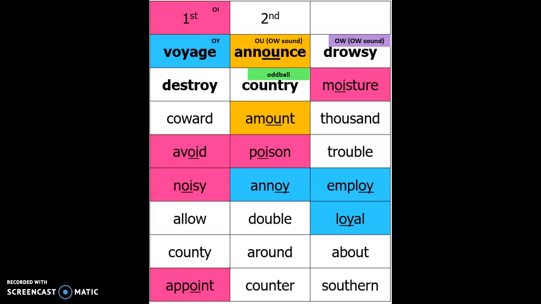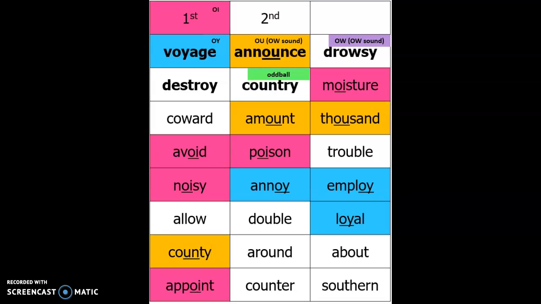Amount. The next word underneath that I have is thousand. I have 1,000 cookies. Thou, ow, thousand. O-U sound. Then we also have the word county. What county do we live in? Lancaster County.